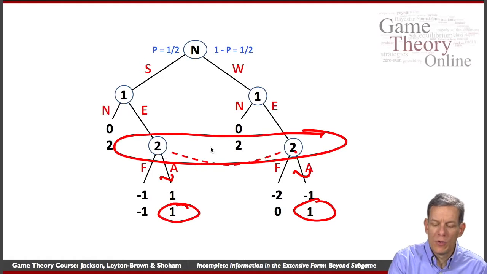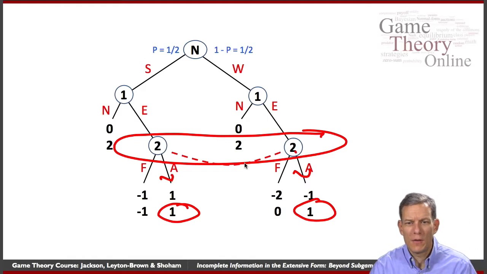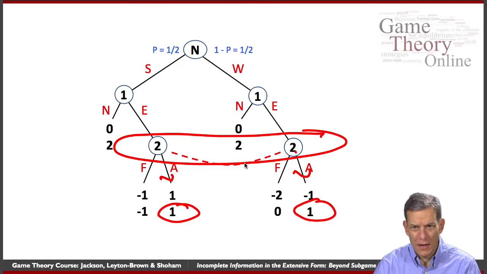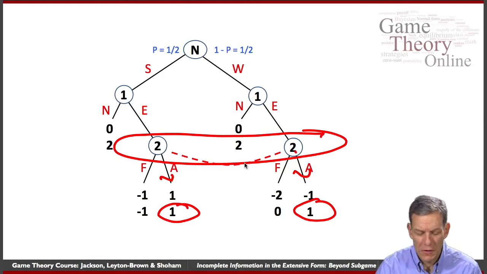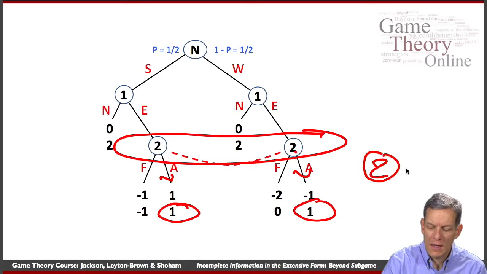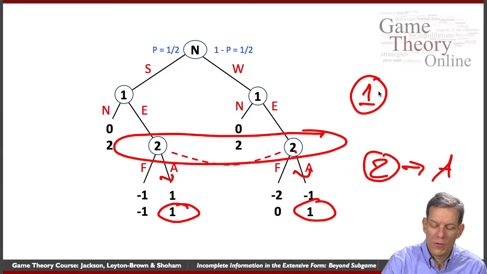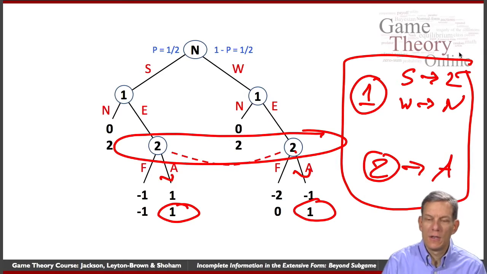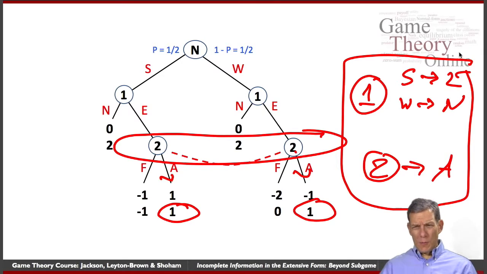So once we give player 2 beliefs here and say they have to best respond to their beliefs in any node where they have beliefs, then that ties down and says, okay, player 2 has to acquiesce. Then for player 1, if player 2 is acquiescing, and player 1 is strong, they should definitely enter. If player 1 is weak, they should definitely not enter. So we end up with a unique prediction in this game, whereas with subgame perfection there were many.